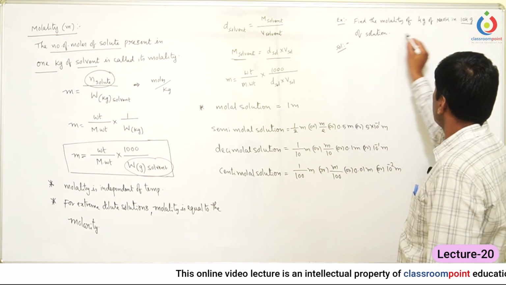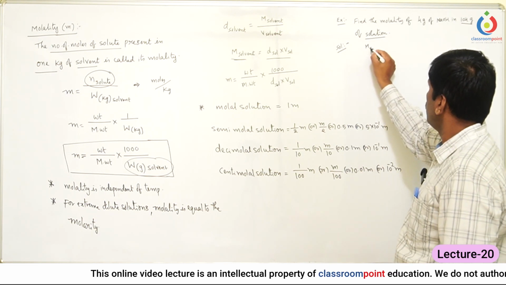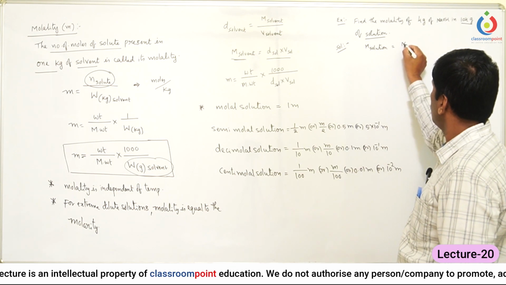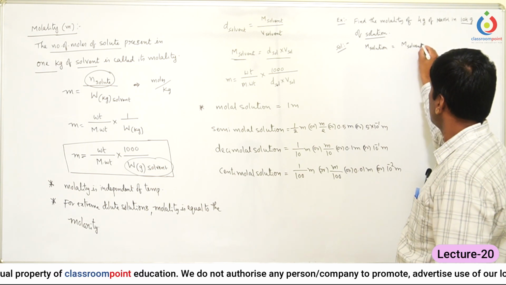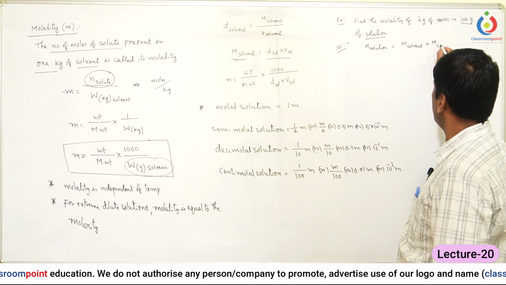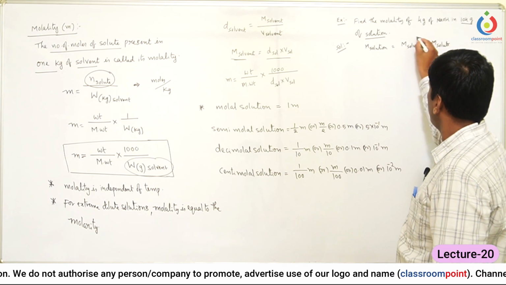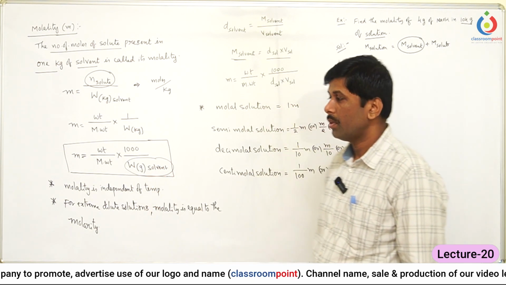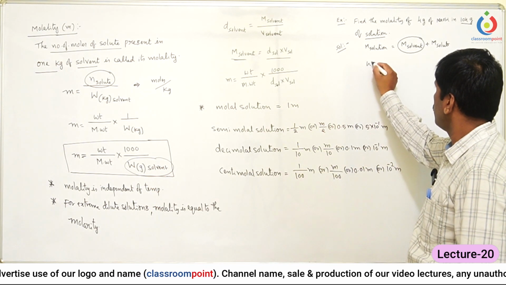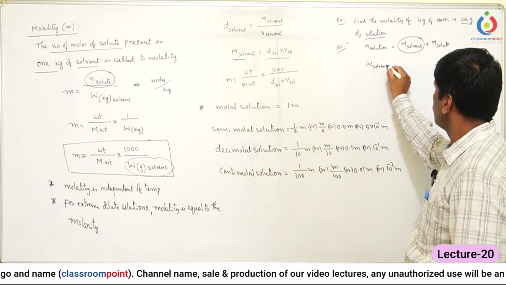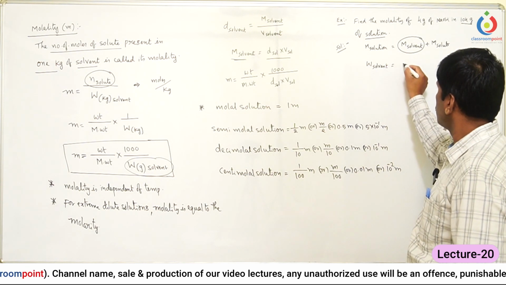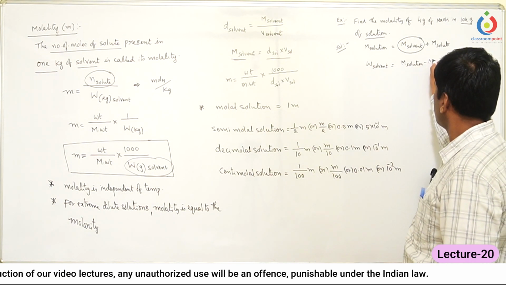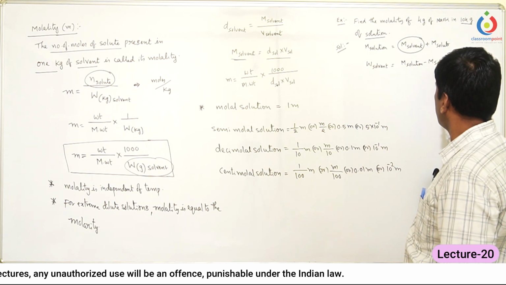See, the mass of the solution is given. Mass of the solution is equal to mass of solvent plus mass of solute. We want the mass of the solvent, because here the mass of the solvent is to be taken. So mass of the solvent is equal to mass of the solution minus mass of the solute.